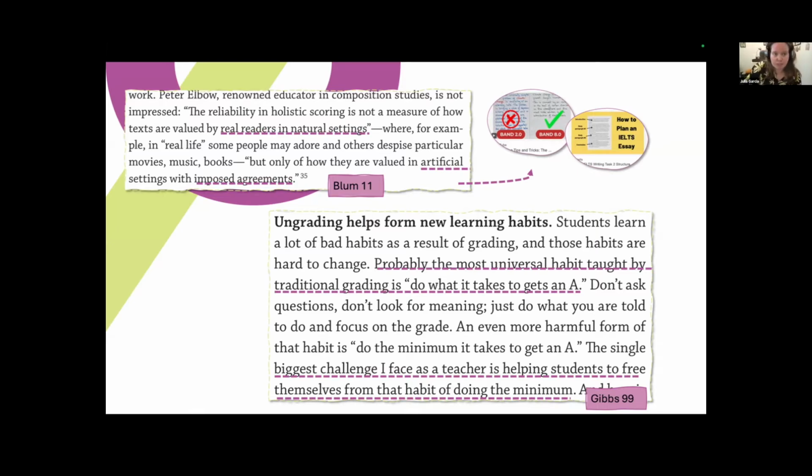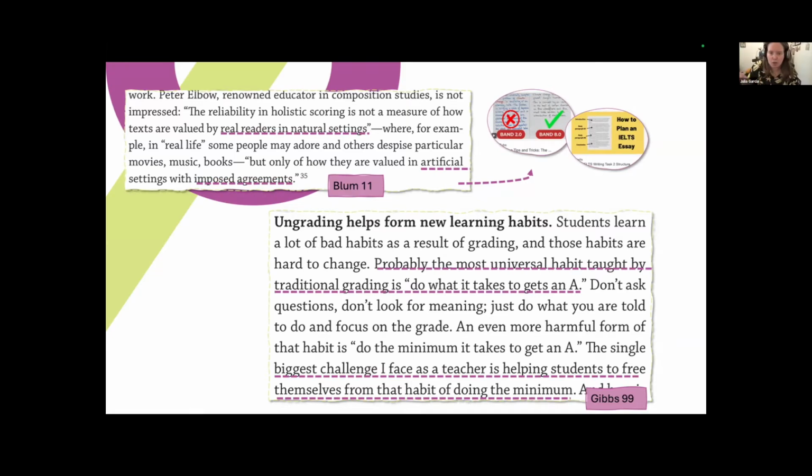Another excerpt from the ungrading book by Blum is Laura Gibbs' chapter, actually, about her own experiences with ungrading, which is a movement that really started in 2013 with Alfie Kohn's book, and gathered a lot of attention during the pandemic when we had to rethink our teaching habits.